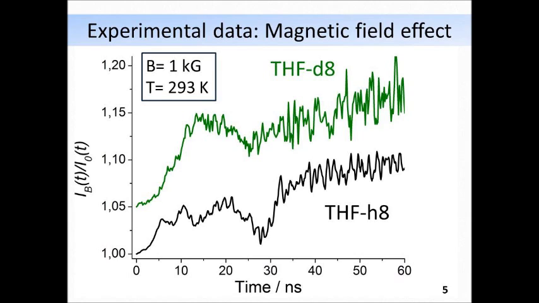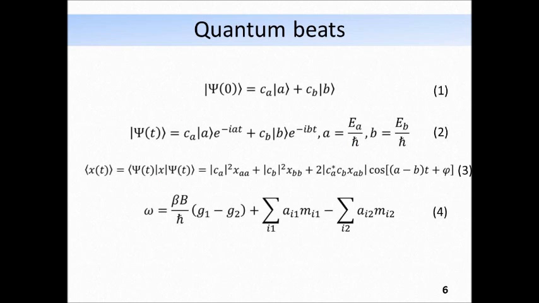So what are these oscillations that you can see on the chart? Let's say a few words about them. Spin-correlated pairs are formed by ionization of the molecule, and the total electron spin is not changed during the process of ionization.